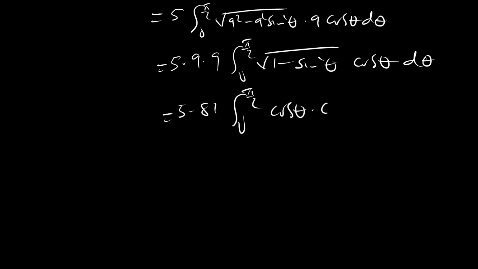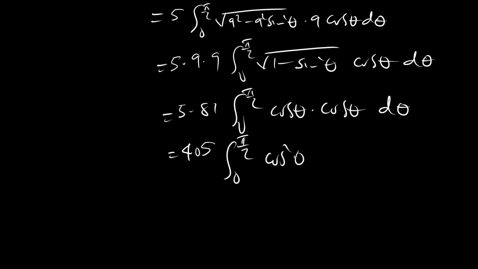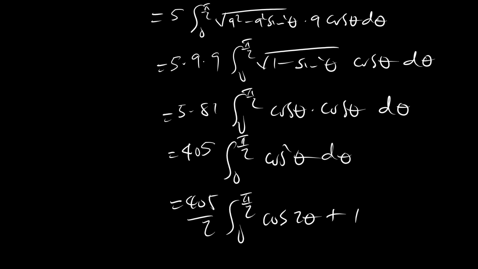So we have 405, 0 to pi over 2, cosine squared theta, which is 405 over 2, 0 to pi over 2, and we have cosine 2 theta plus 1, right?